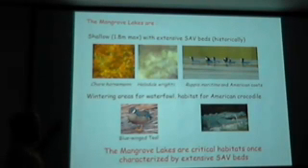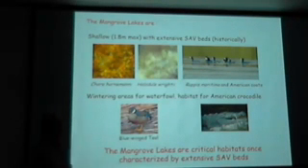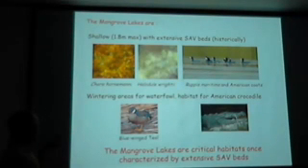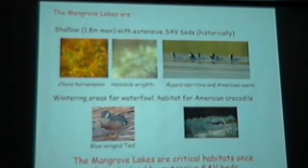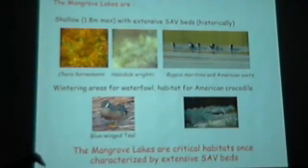This benthic vegetation in these shallow lakes is the source of food for a lot of wintering waterfowl, which visit the area starting next month and will persist through March. It's the shallow nature of these lakes that allows the ducks to access this benthic vegetation.